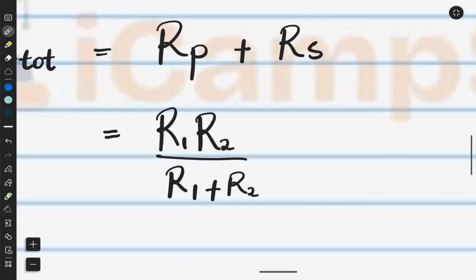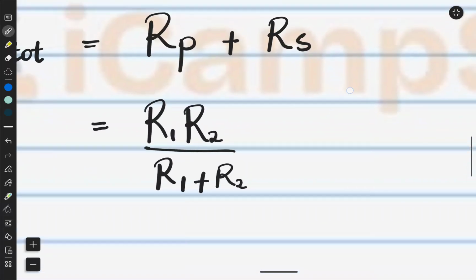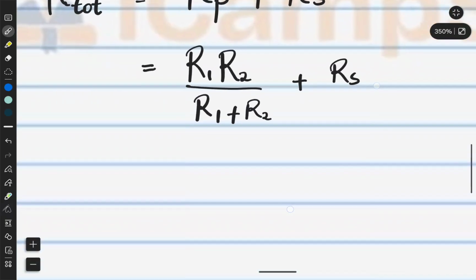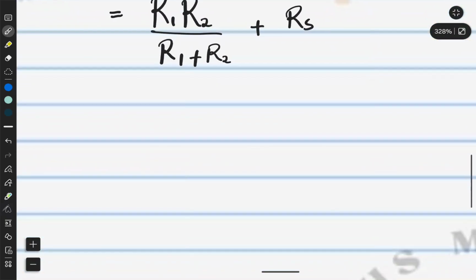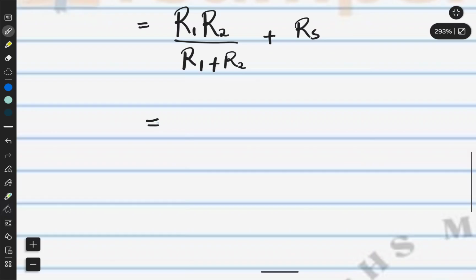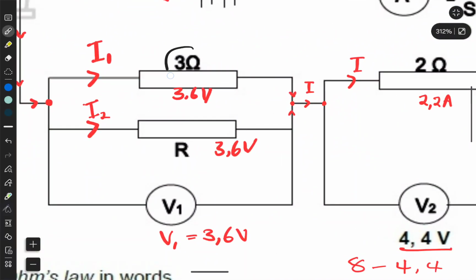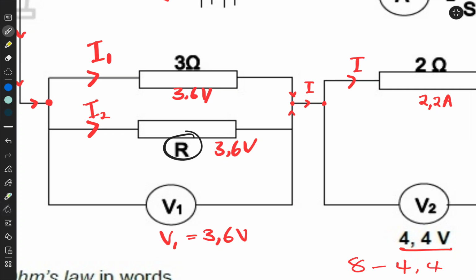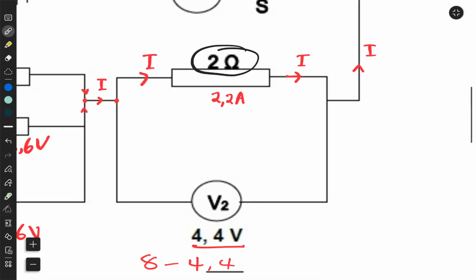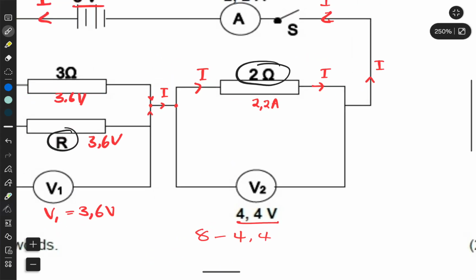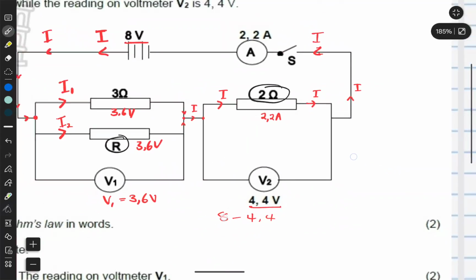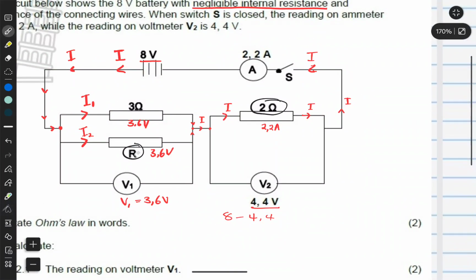Now this formula is for the parallel combination, right? And for the series guy, we can just say it's R series. Now let's sub in values. The parallel resistors I have, let me show you. I have the 3 ohm connected to the R ohm. That's my parallel combination. Then I have this 2 ohm resistor connected in series with the parallel combination.